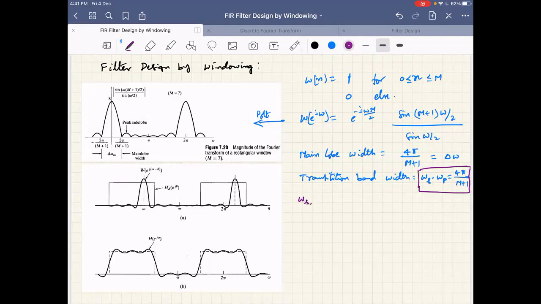So WS, WP are the given specifications that determine M, or M plus 1, the length of the window function or the impulse response itself.